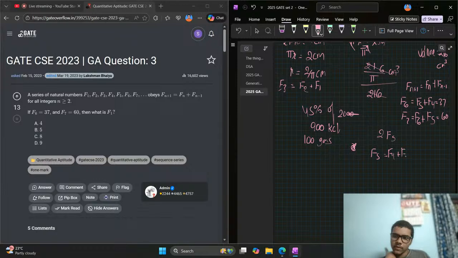So in place of F5 you can do F4 plus F4 plus F3. 37.